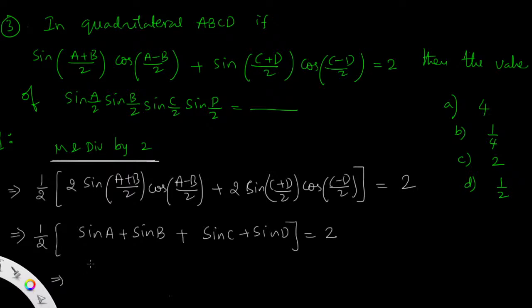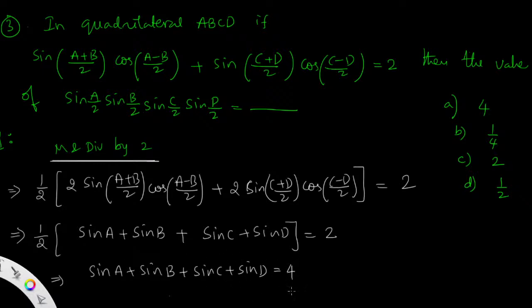Then it goes to sin A plus sin B plus sin C plus sin D, which is equal to 2. Transferring to the right hand side, 2 into 2 becomes 4. The sum becomes 4 only if sin A equals 1, sin B equals 1, sin C equals 1 and sin D equals 1.